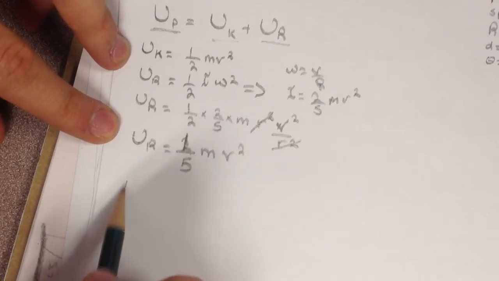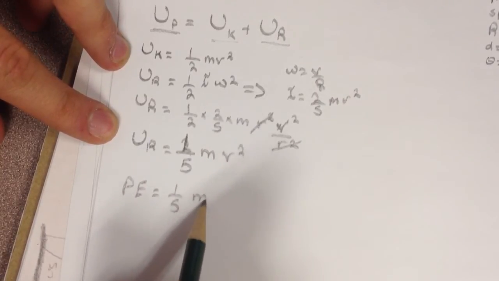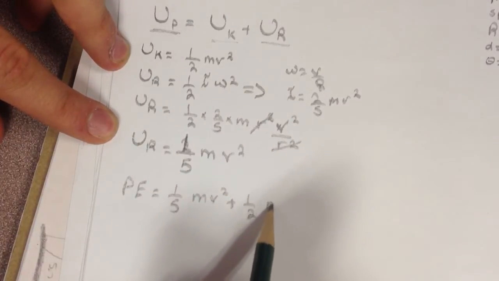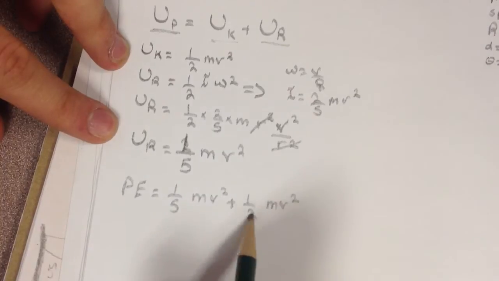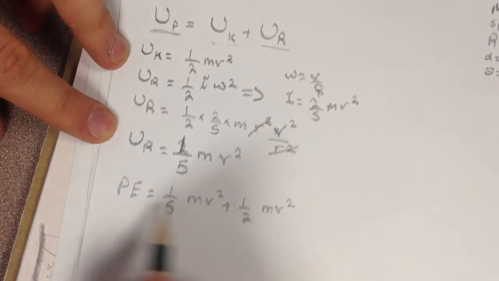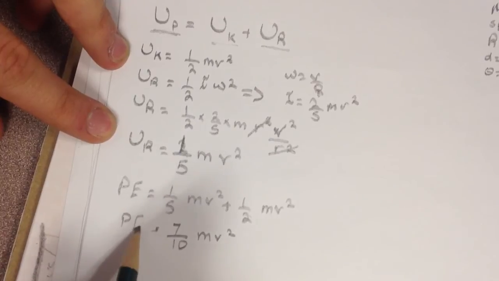So let's sum them up now. The potential will be equal to 1/5 mv squared plus half mv squared. We're just adding the fractions, and this sums up to 7/10 mv squared, equal to the potential.